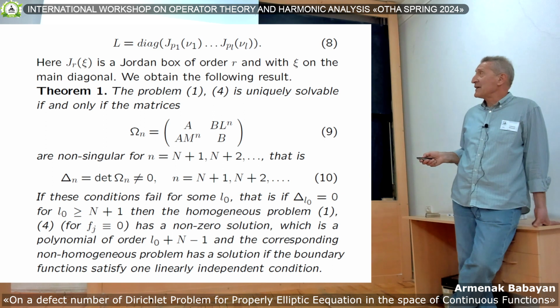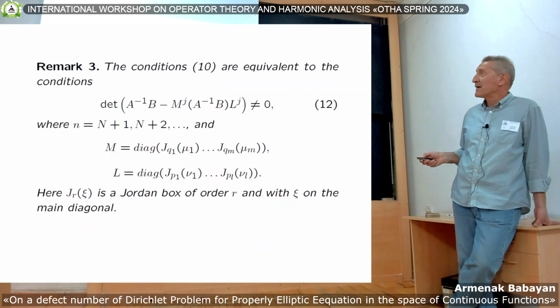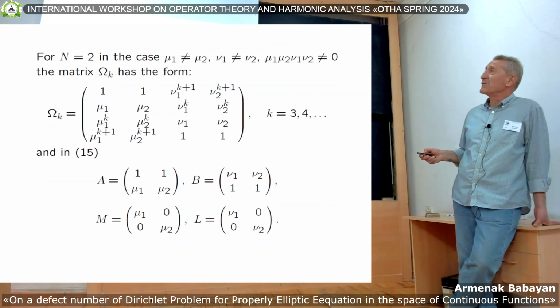Maybe I will show the case. For example, if you consider n equals 0, and we consider only simple roots. In this case, the A matrix is 1 mu 1, 1 mu 2. B is the same, 1 mu 1, and so on.